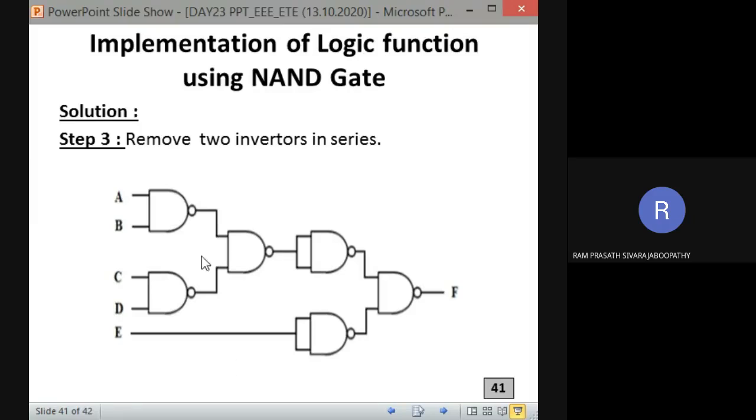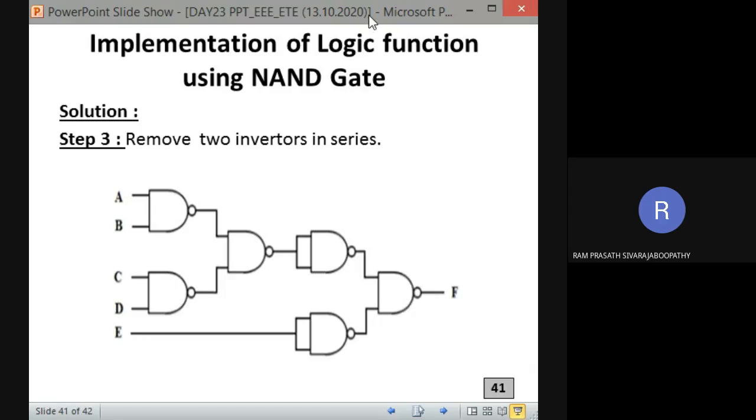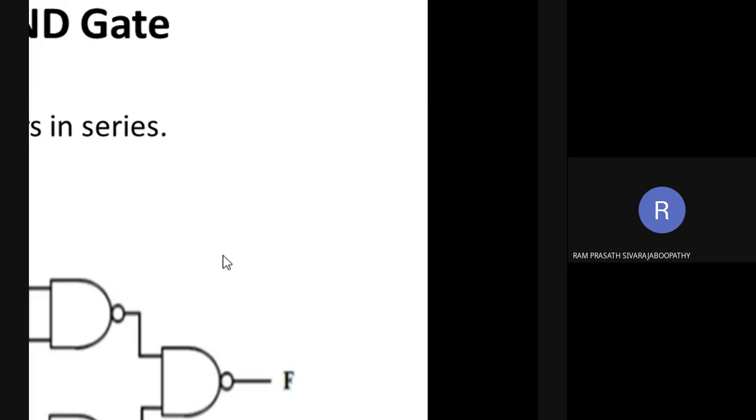You just derive the function for this. Now I will maximize the screen and write the output function. I don't know whether you people can see it clearly, so I'm making it full screen. Whether the screen is visible for all of you? Yes or no?